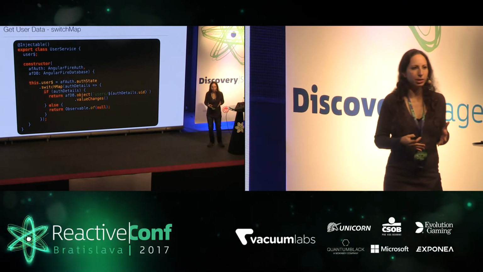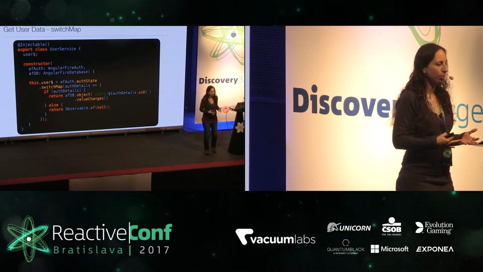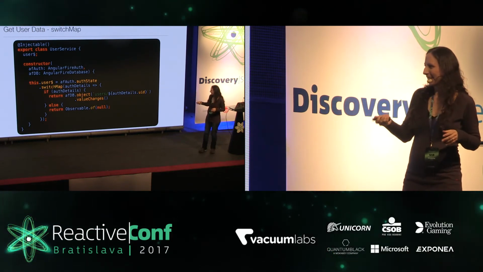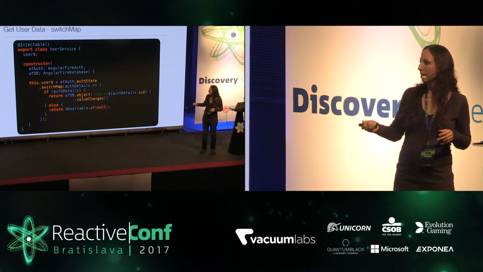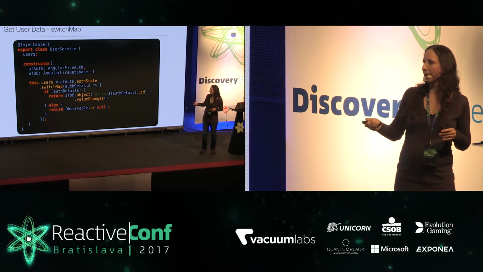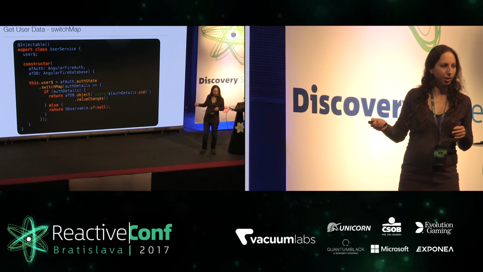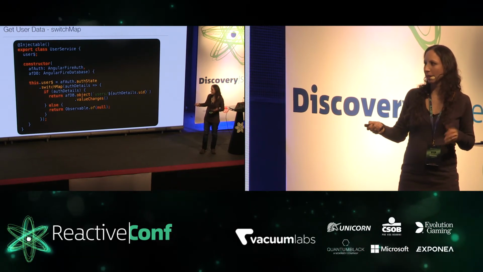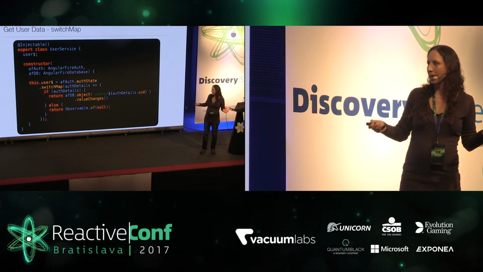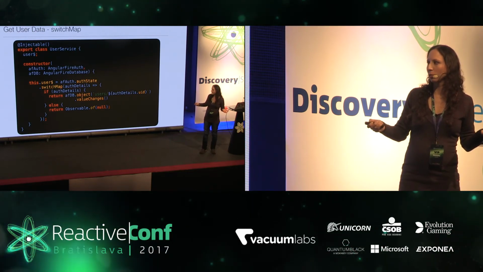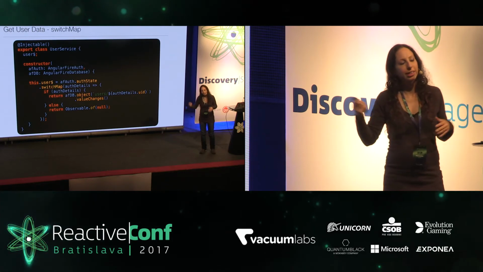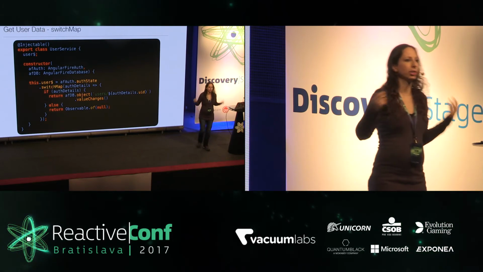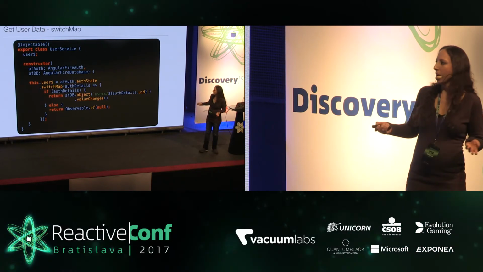So switchMap is also a very powerful operator that you're going to use a lot. In this example, we again listen to the user observable. In this case, we're connected to Firebase, and we're using the authentication state through Firebase. We want to get the user data from the database, because we have additional data like favorite color or other things.